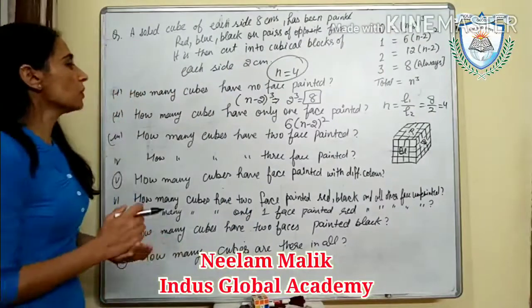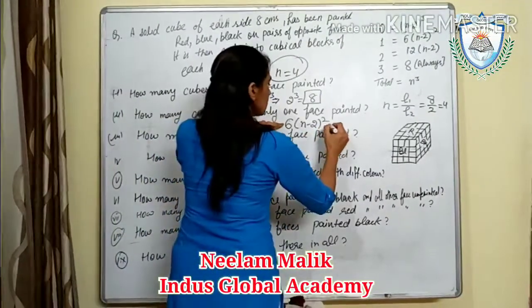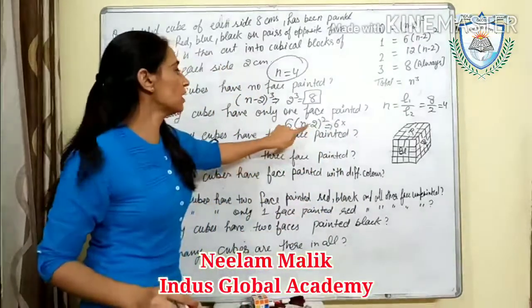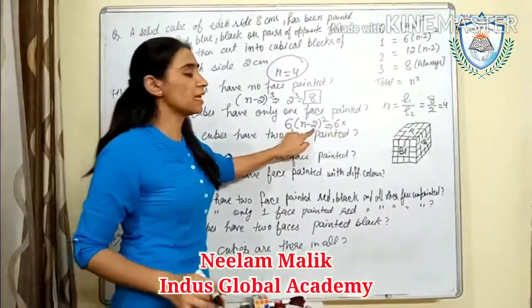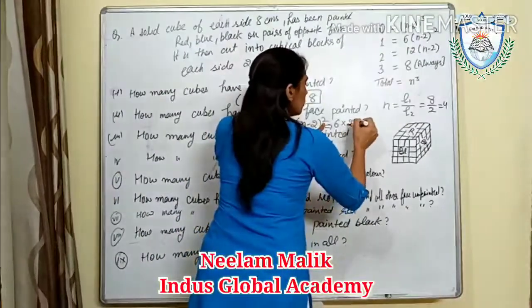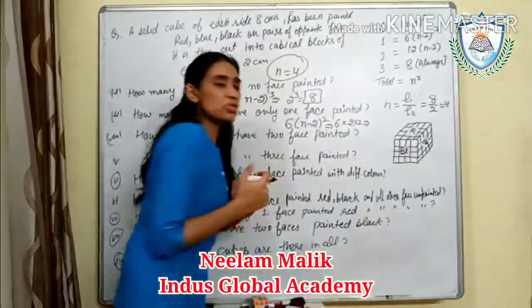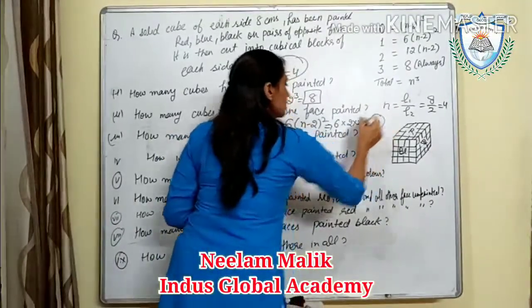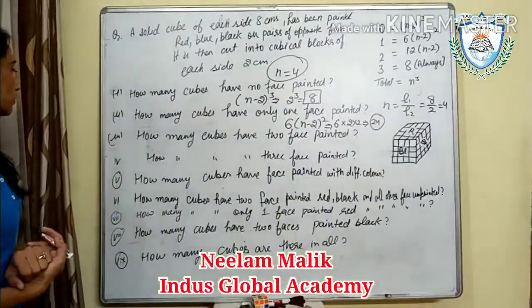Okay, so find the answer. 6 into n minus 2. 4 minus 2 will be 2, and the square of 2 means 2 into 2. So it will be 6 into 4, which is 24. The answer is 24 here.